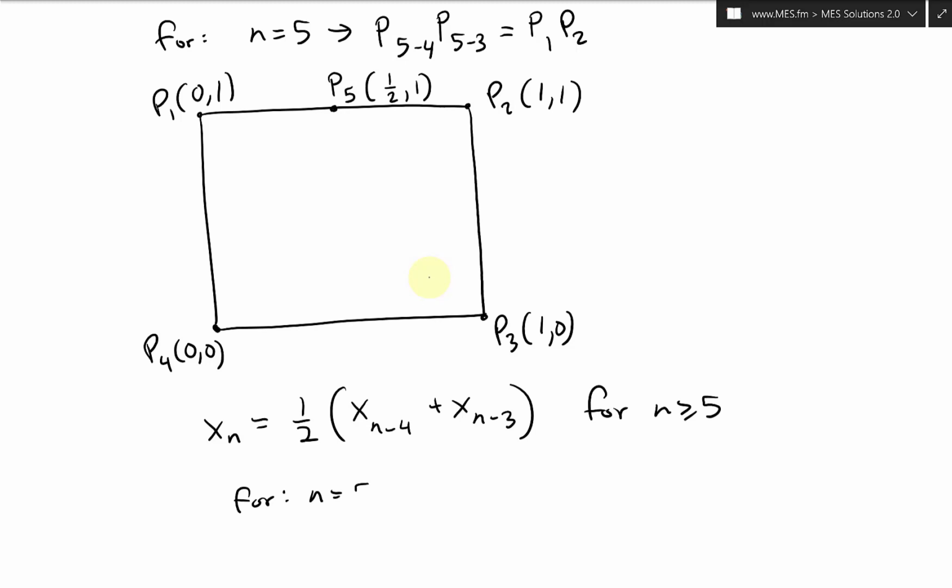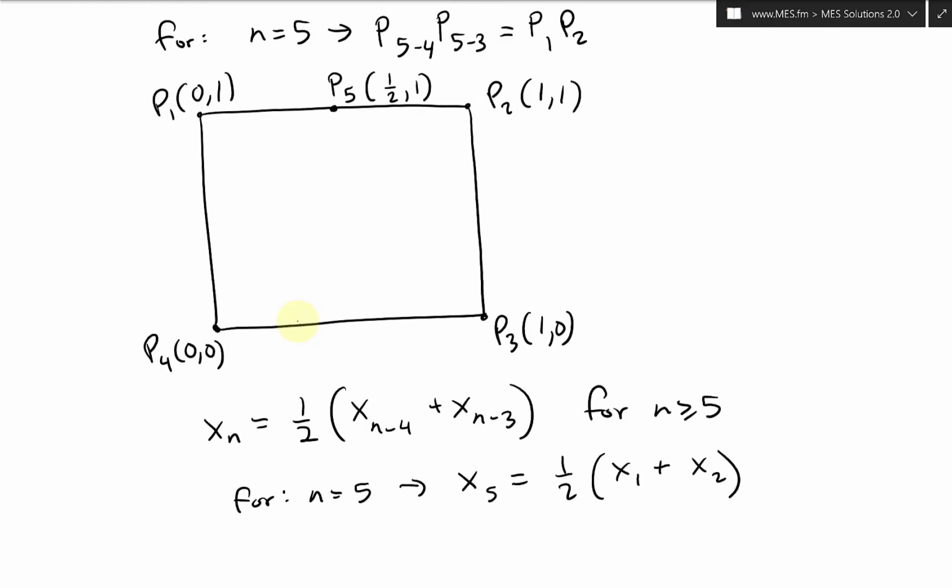Also note that for n equals 5, we get x5 equals 1/2 times xn minus 4, which is x1, plus xn minus 3, which is x2.